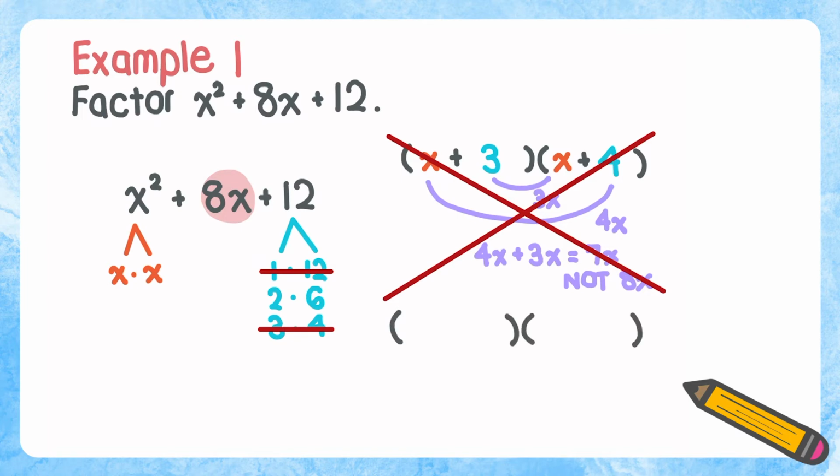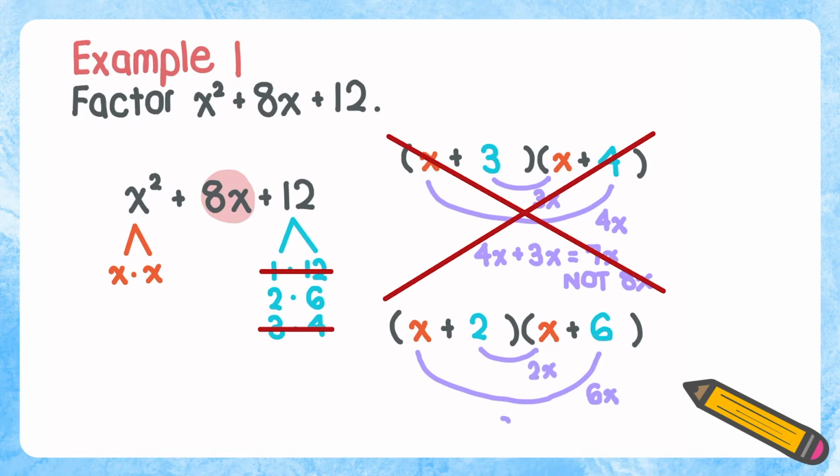So let me write it out. We're going to have x plus 2 times x plus 6. And again, I want to multiply the outside terms together and the inside terms together. So x times 6 is 6x, and 2 times x is 2x.